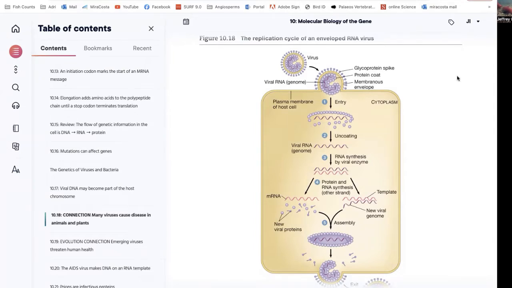You could also have a DNA genome. There is a coat made of protein, and sometimes you actually have a membrane-like structure. It's called a viral envelope, and the viral envelope is taken from the host cell that it was infected from the previous turn.